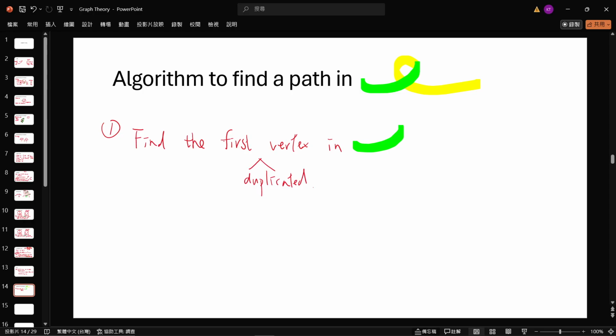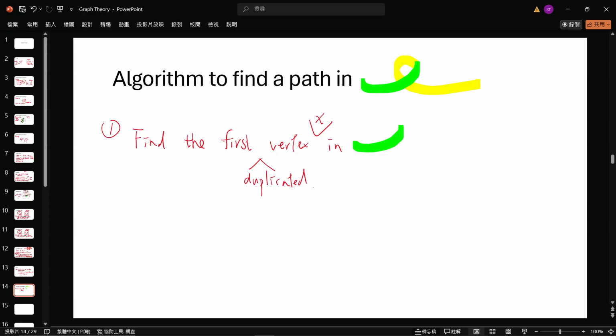Okay, and let's call this X. So I think I have to add this first because there can be multiple duplicate vertices on the green path. And I think it's critical to choose the first one. Otherwise, I think there will be some problem.